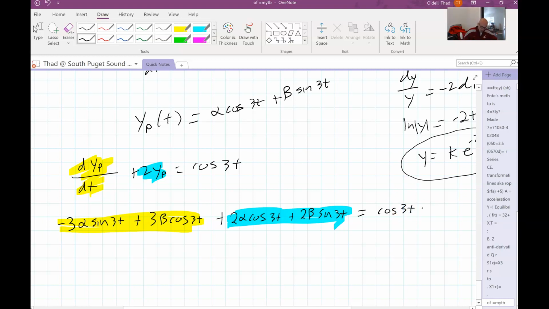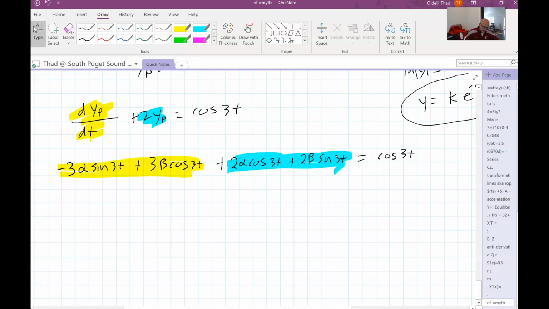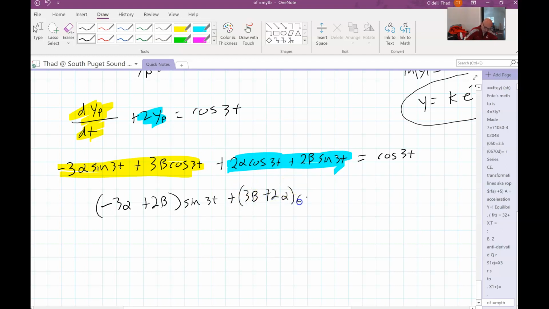So now we're going to add together what we can and see if we can make this work out. So negative 3 alpha sine 3t and 2 beta sine 3t. That would be negative 3 alpha plus 2 beta times sine of 3t, plus 3 beta plus 2 alpha times cosine of 3t.